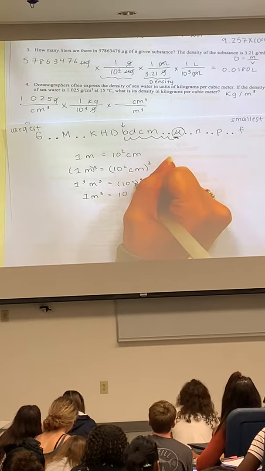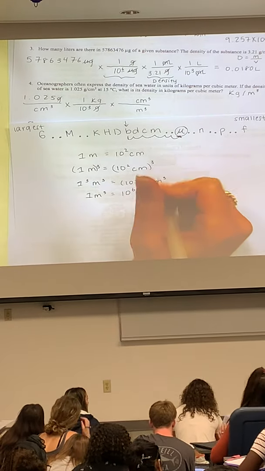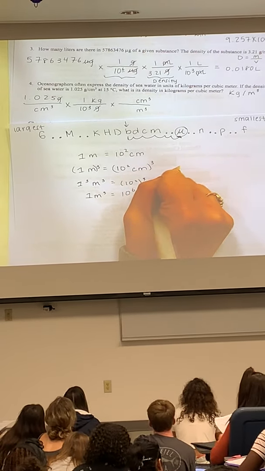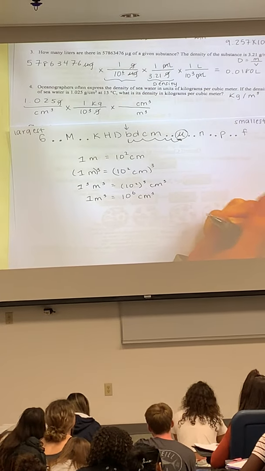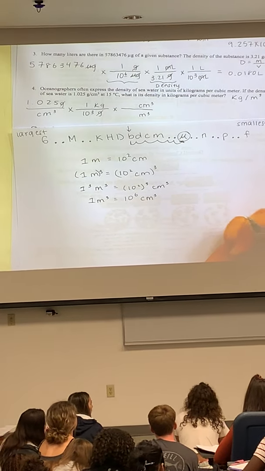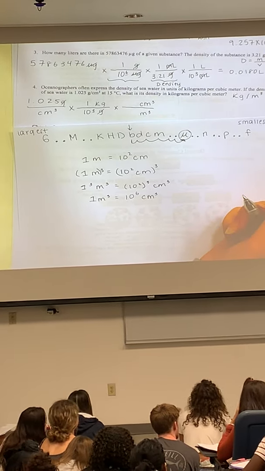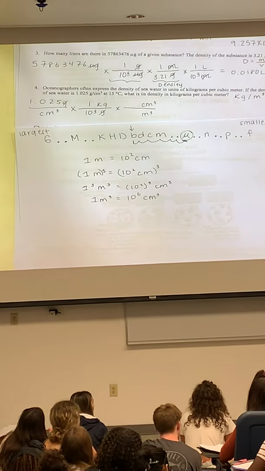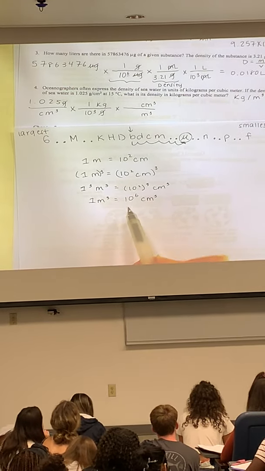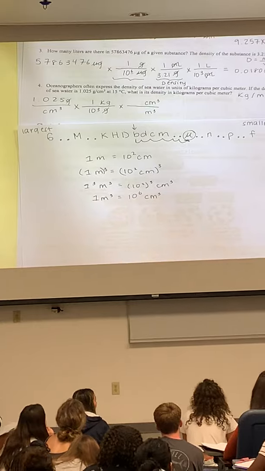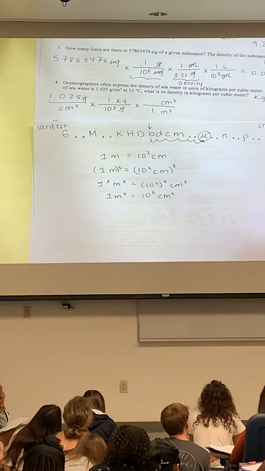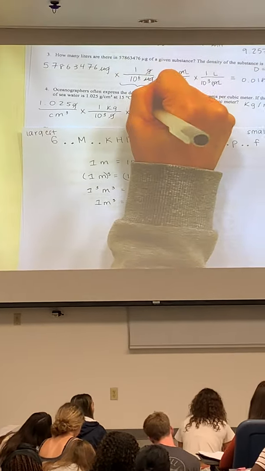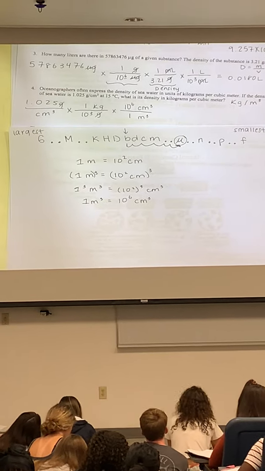So you have to multiply 2 times 3, and it's going to be 10 to the 6th centimeters cubed. If you did 1 meter cubed is equal to 100 centimeters cubed, that would be incorrect. When you cube units, you also cube the number that goes with those units. So in 1 meter cubed, we have 10 to the 6th centimeters cubed.